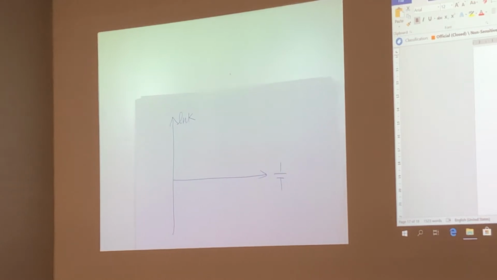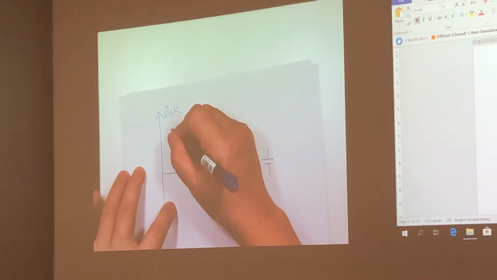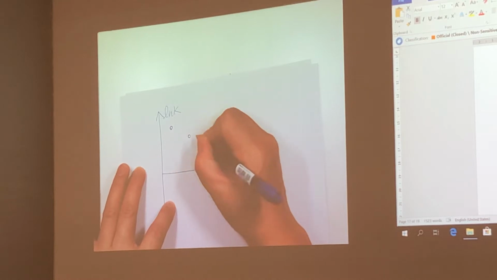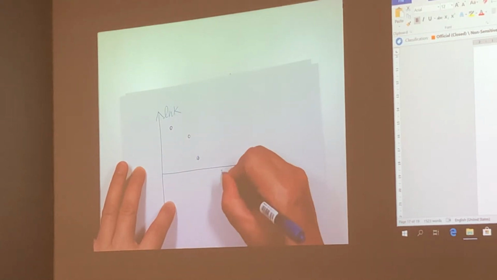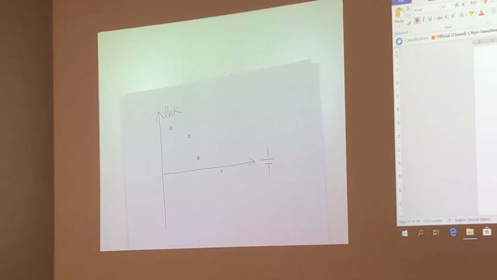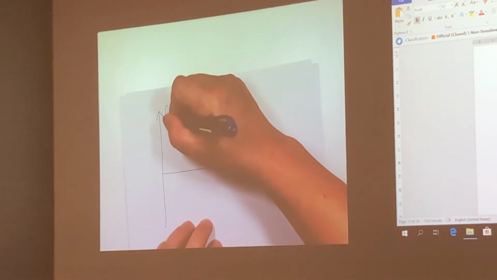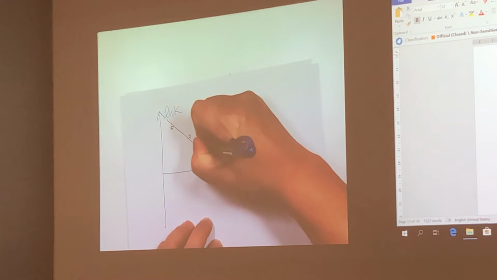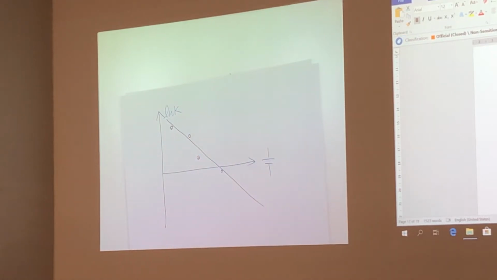Normally you need to plot like this, right? You will have 4 points, then you just draw a best fit straight line. Best fit straight line means your points might not be on the line, but they are along the 2 sides of the line.